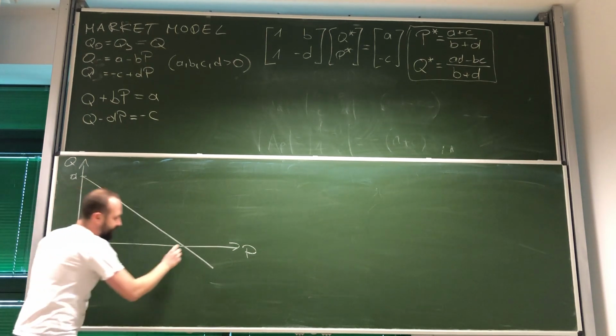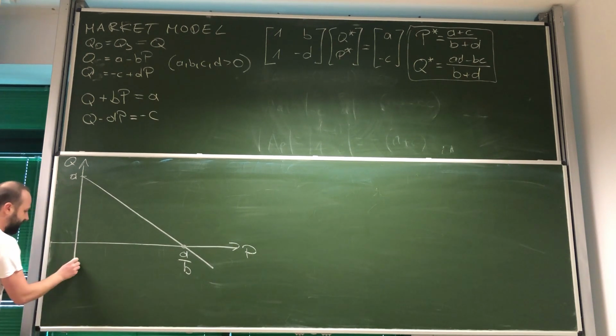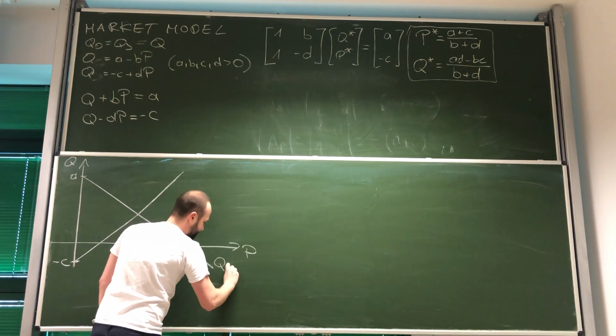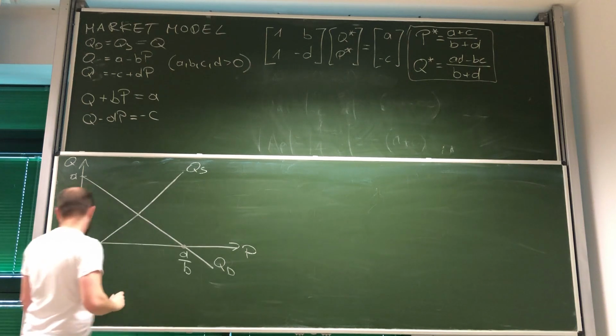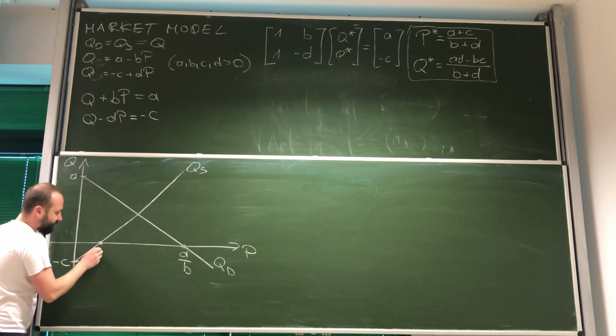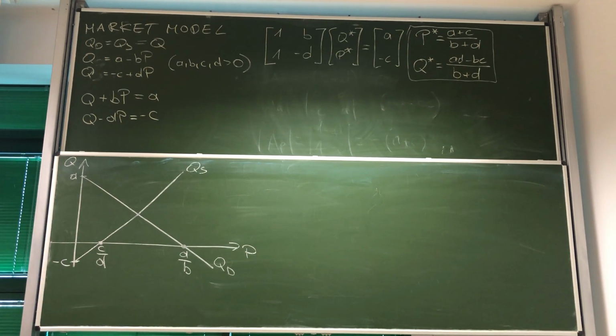Or we remember that this point is given by a over b. Then we start over here with negative c. Right? This is our demand. This is our supply. And of course we remember that this point is c over d.